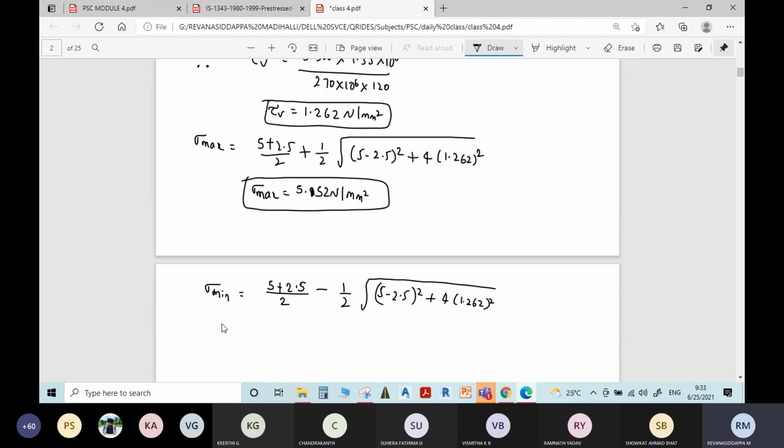Okay, by this you will get sigma minimum 1.97, right? 1.98 sir, by doing the round off. Okay.